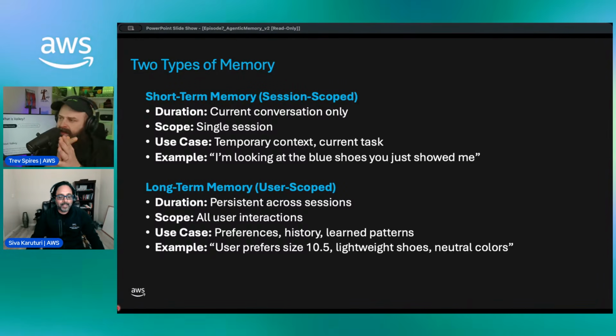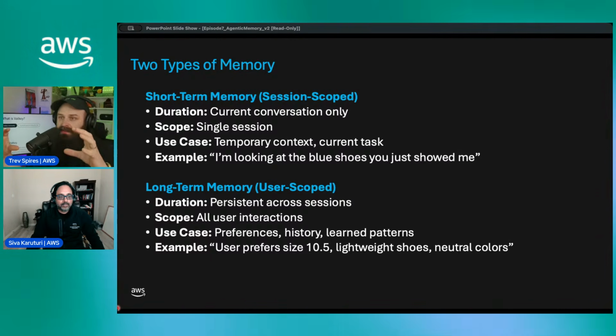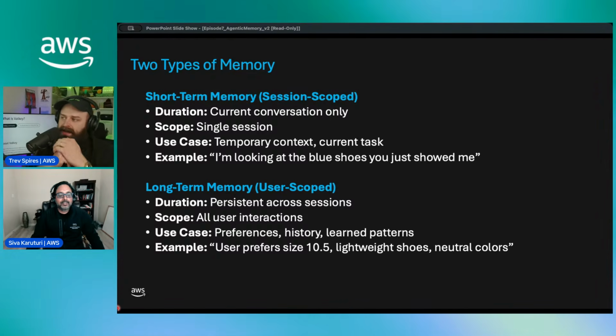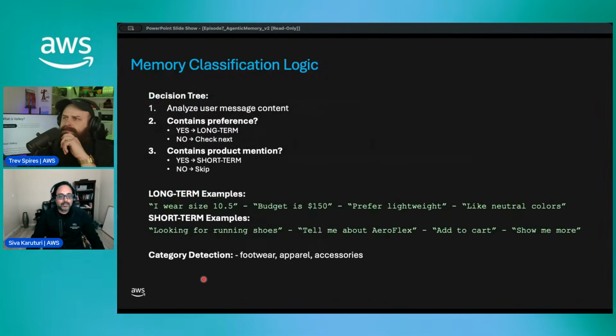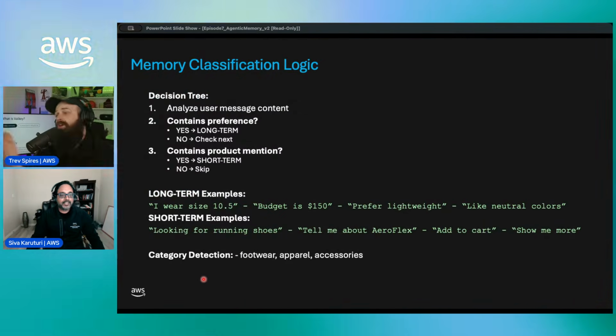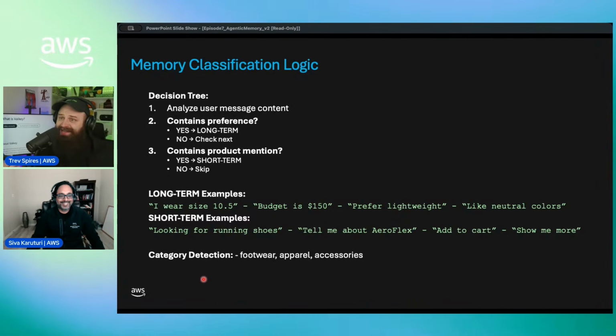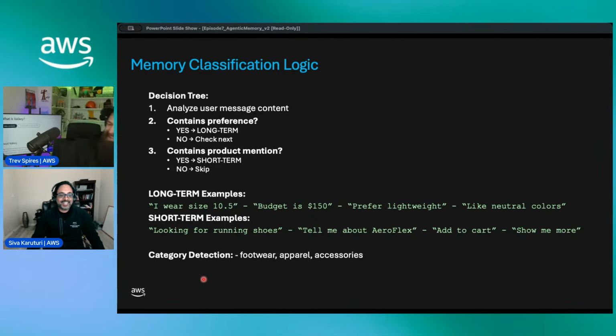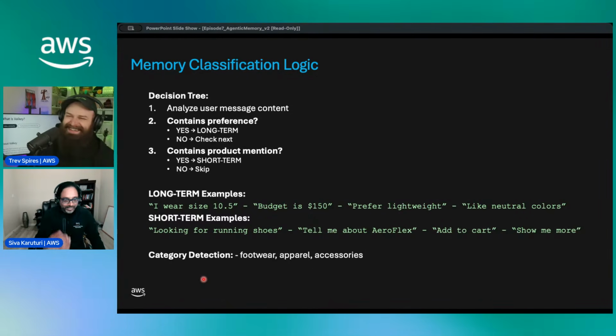There's such a range of applications, and the ability to really be specific about what you remember and what's important based on your app makes this really valuable for customers that are looking to build something like this with Amazon. I agree. Oh, speaking of, we've got a classification logic. I'm getting ahead of myself. Why don't you tell folks more about that? Yeah, exactly. I was about to say, it's right there in the next slide.